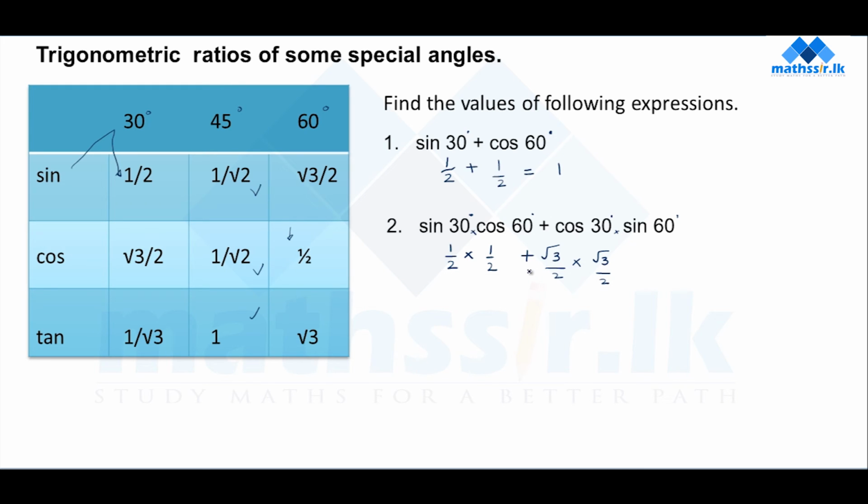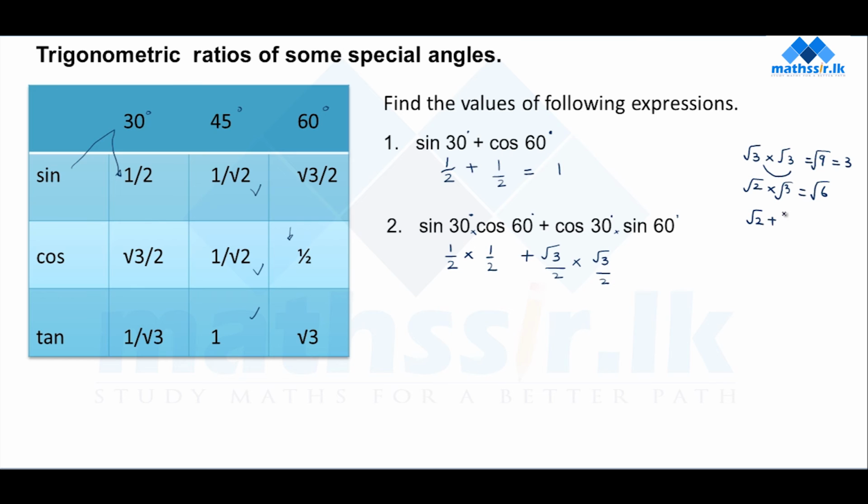Before getting to this calculation, I show you some calculations. Root 3 into root 3, you multiply these two, root 9, then the answer is 3. Root 2 into root 3, 2 into 3 is 6, but we can't get the exact value. You should remain as root 6.